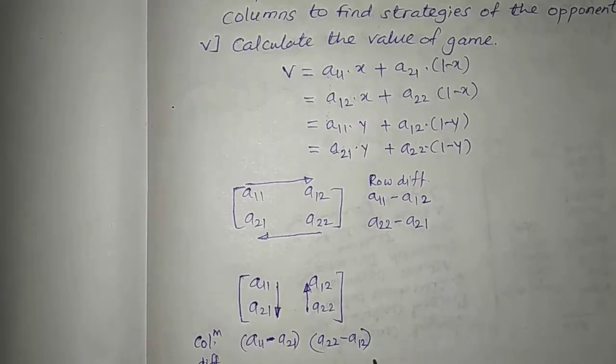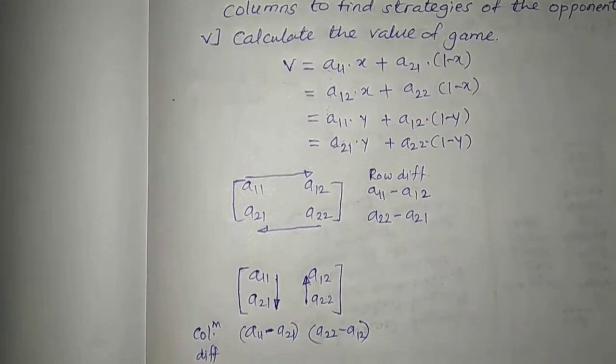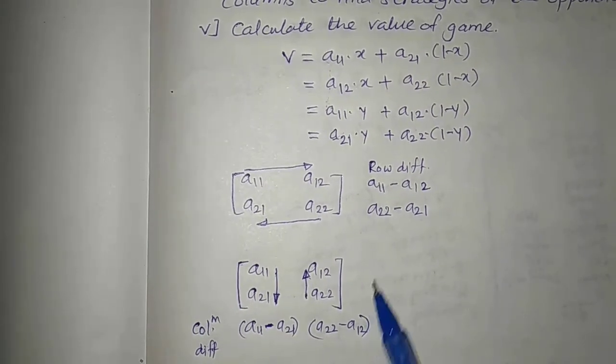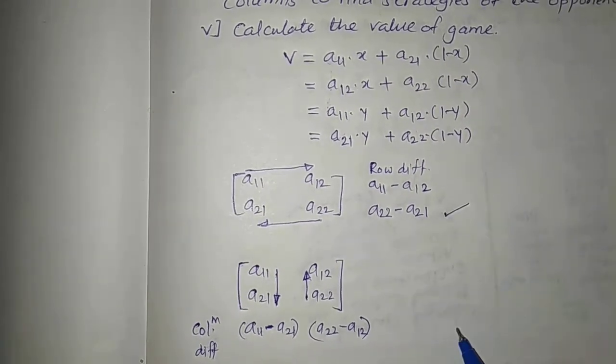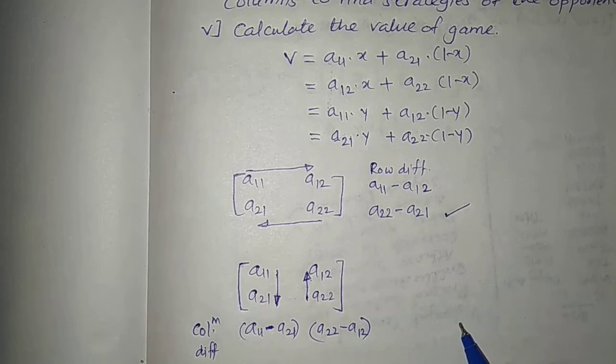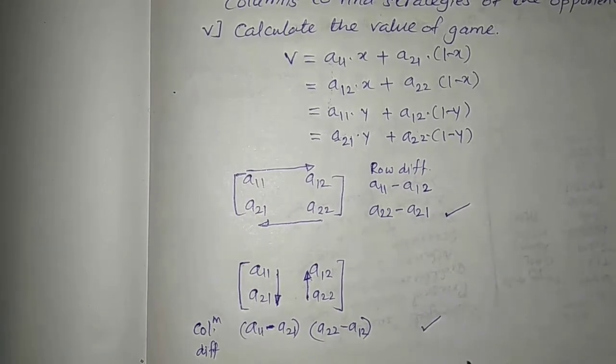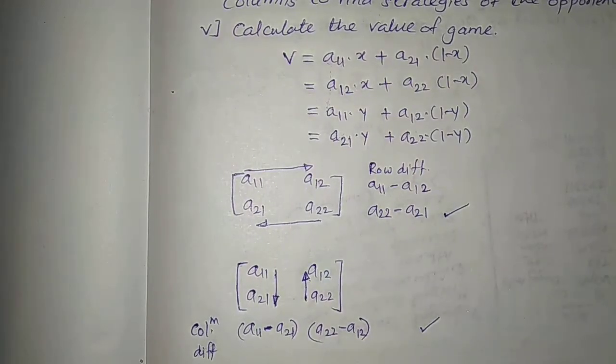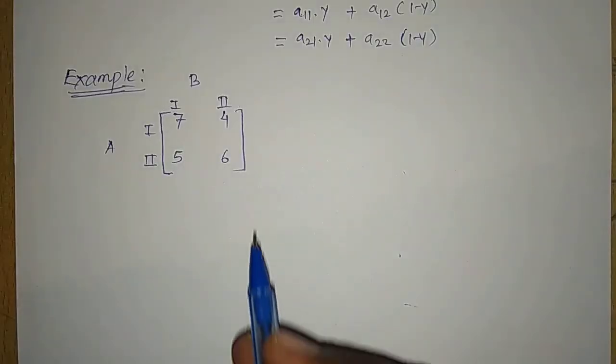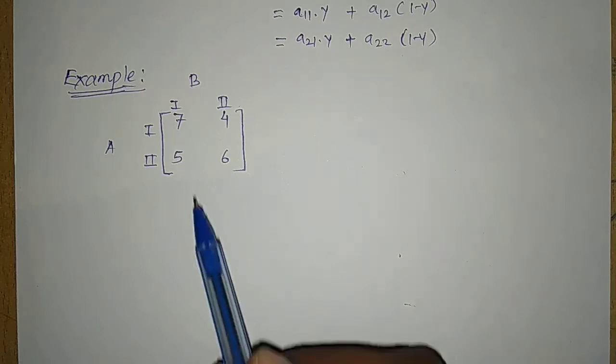So in this way we have to find out the differences. For row differences we will use this formula, and for column differences we will use this kind of differences.